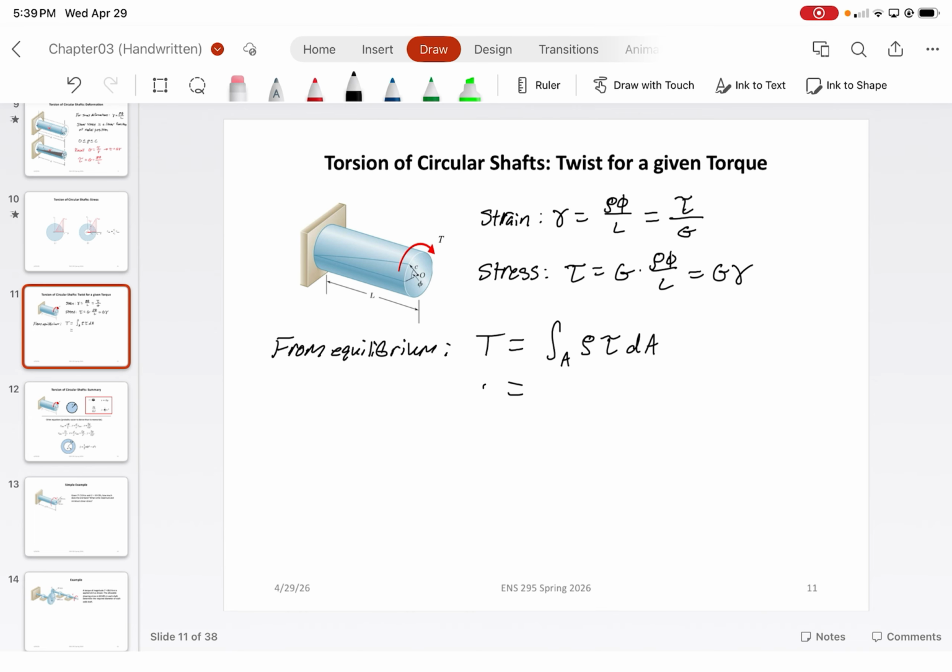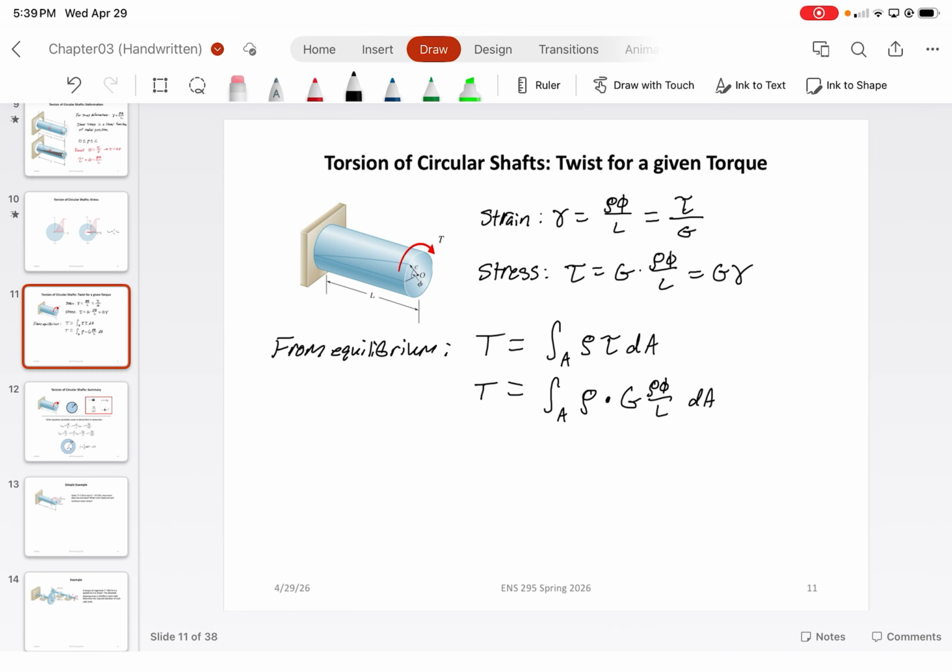We get that T is just equal to the integral over the area of the radius times the shear stress, which is going to be G rho phi over L dA. Now, the area is a function of the radial position.